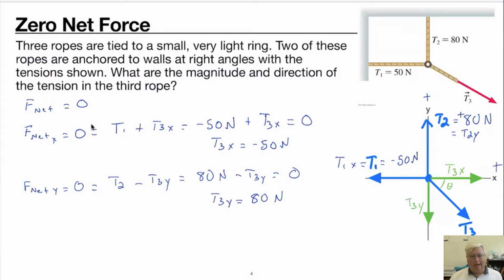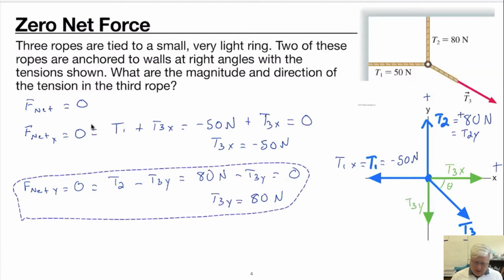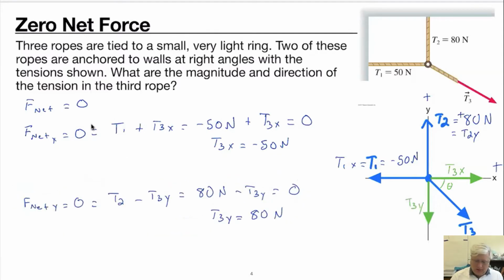Okay. And what else do we know? Well, we also know what T3x and T3y are, because we know the x components. If we're looking at T3x, we can figure out what that is by breaking vector T3 into its components.